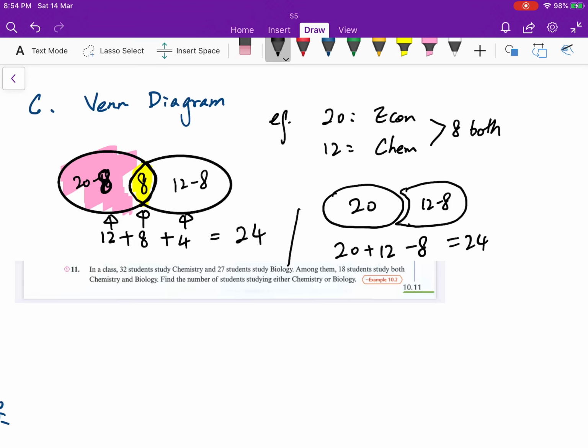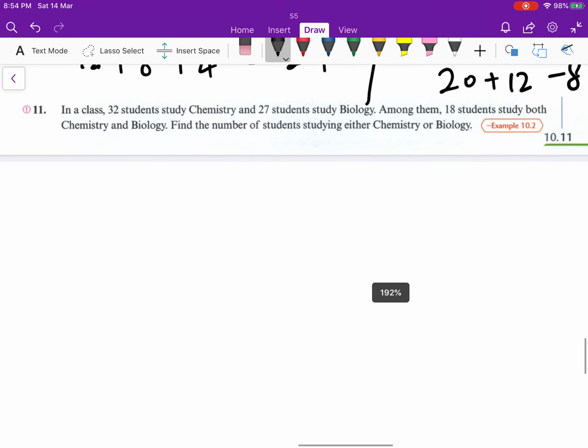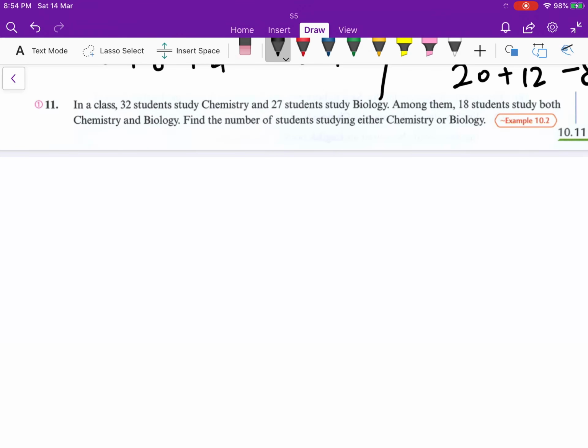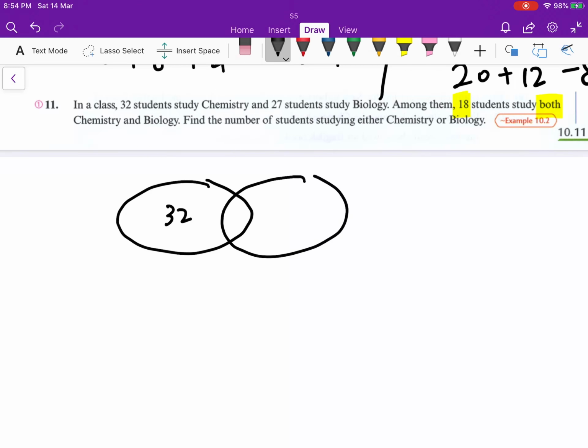So this is how we can find out the total number of students. Now take a look at your homework question 11, okay? It's also that kind of question. In a class, 32 students study chemistry, okay? 32 is chemistry, 27 is biology, but 18 of them study both. Both of them means we overlap, okay? So here we overlap, 18 of them overlap.